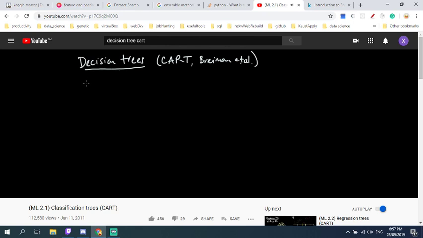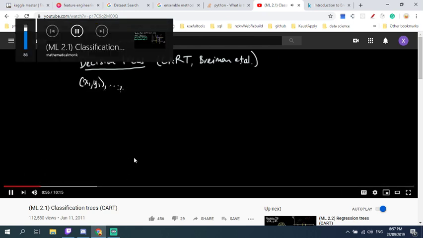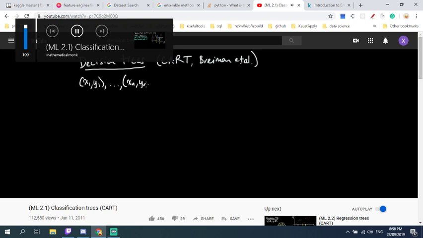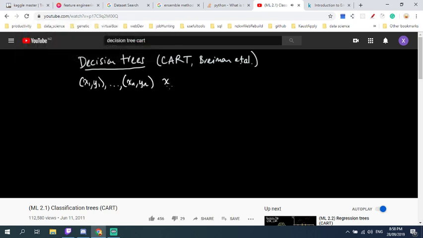Very surprising. So remember the basic setup, as always in supervised learning: we have some data, and we're given a new point x or a bunch of new points, and we have to associate a y with the new x or x's.